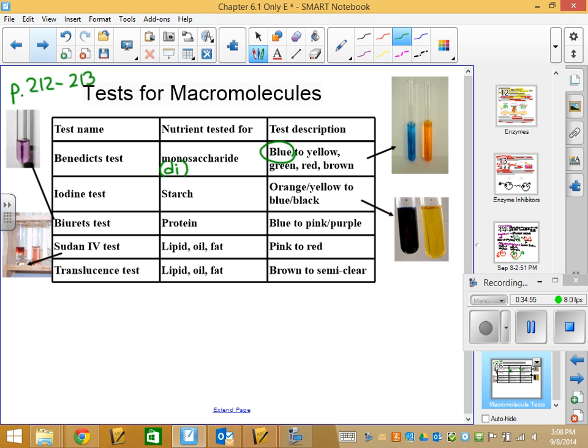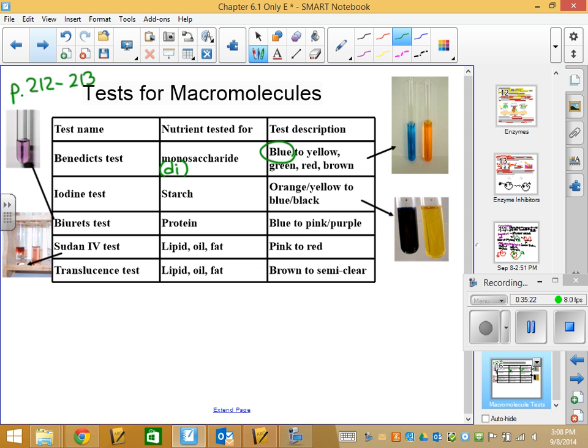That's its initial color. And then depending on the concentration of sugar that's in the substance you're testing, that blue will turn yellow, then green, then red, and finally brown if the concentration is really high. So that's one of the tests we'll perform in the lab tomorrow, the test for monosaccharides.